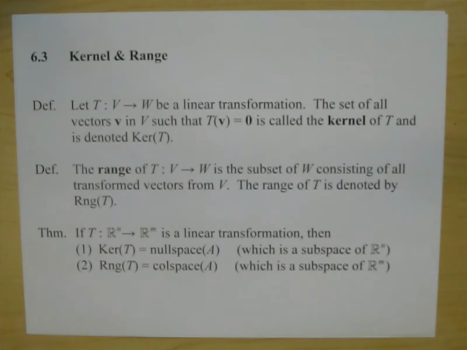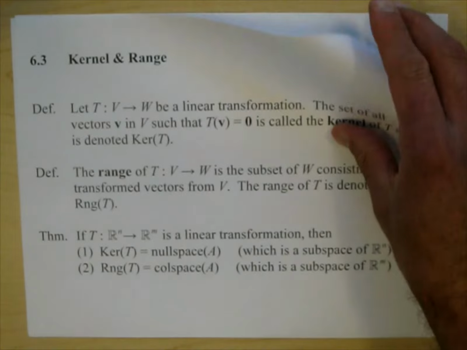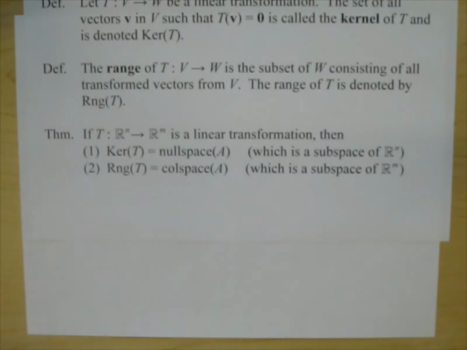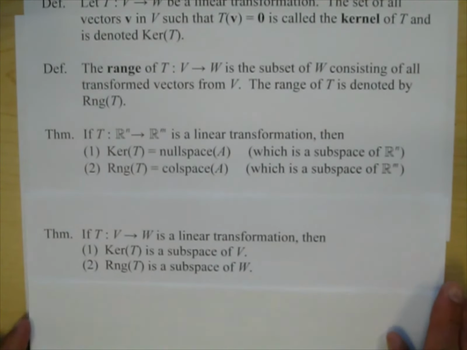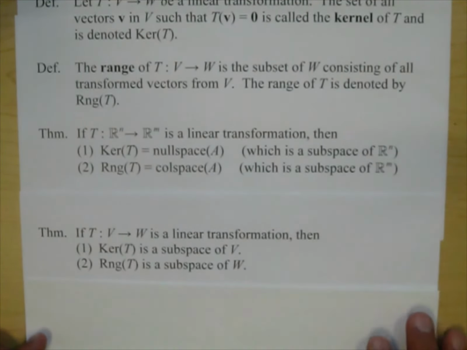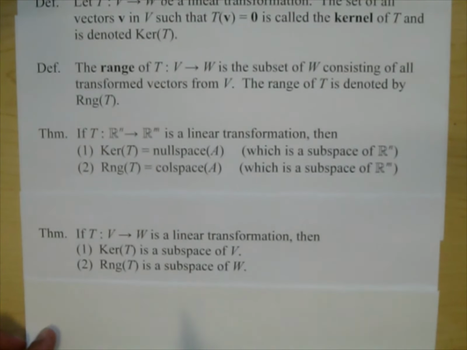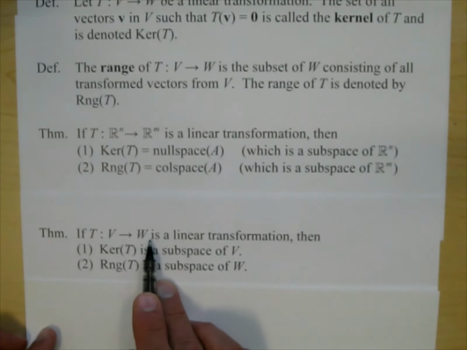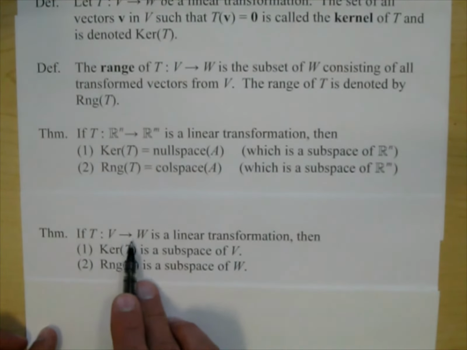Let's go ahead and do the next theorem. This theorem right here. These are all on your definition and theorem sheet. If you have a linear transformation, this is just any general one.